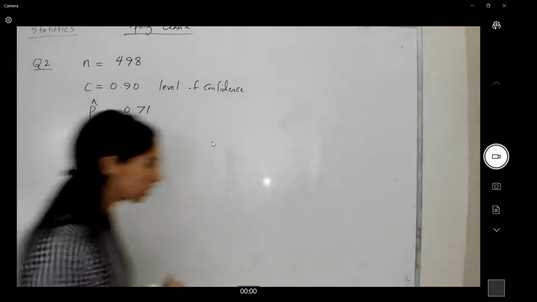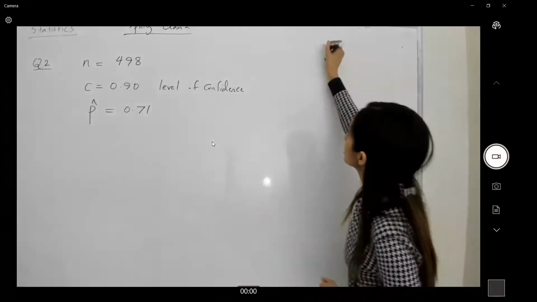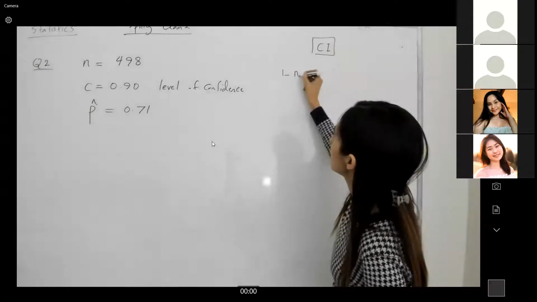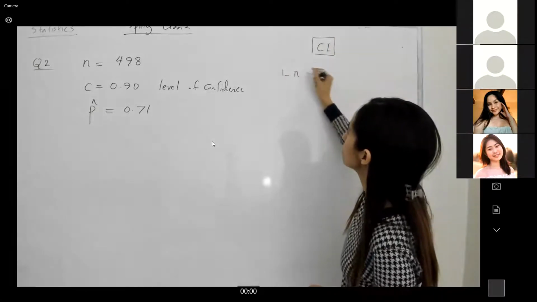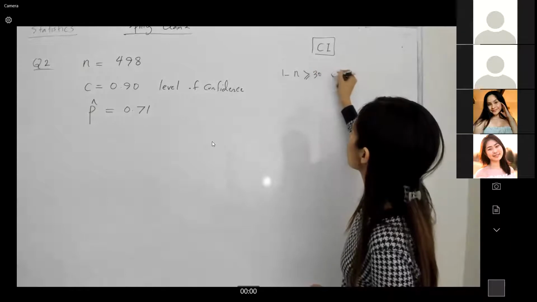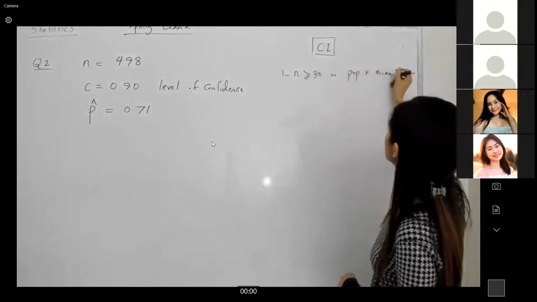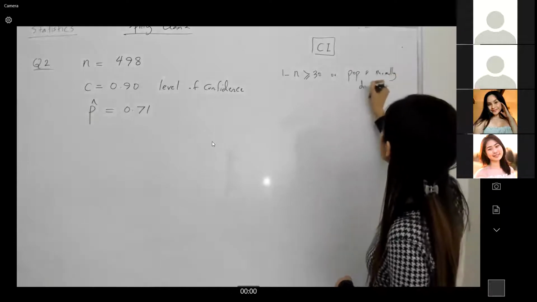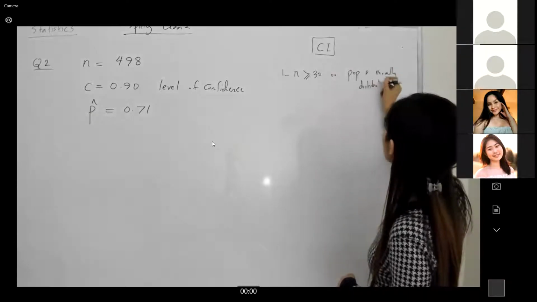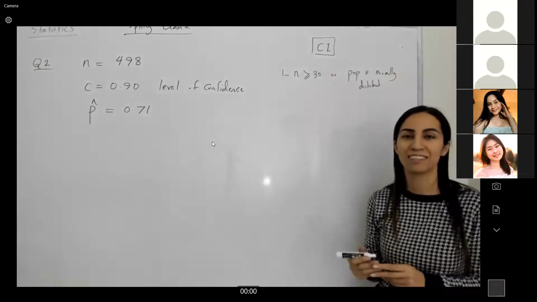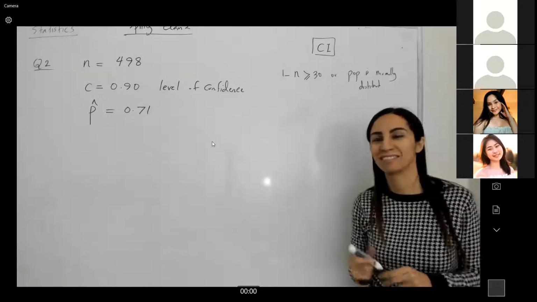P hat is 71%. So what are the steps in constructing a confidence interval? What's the first step? N is greater than or equal to 30, or population is normally distributed, but this is when you're using mean. Am I right? What about the proportion?